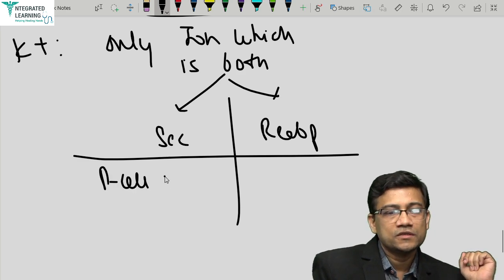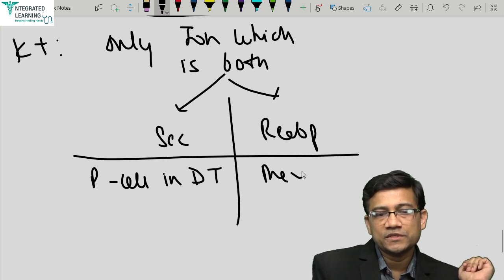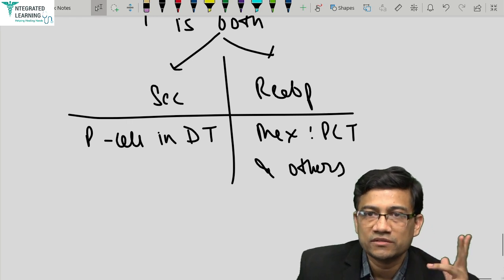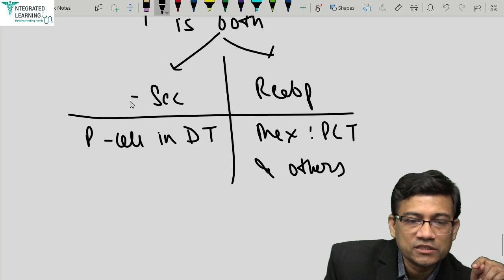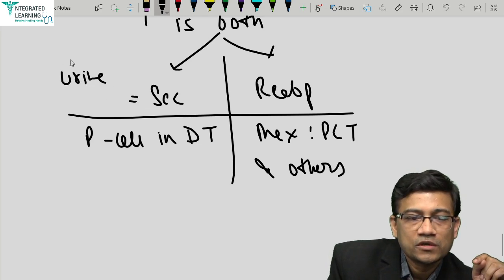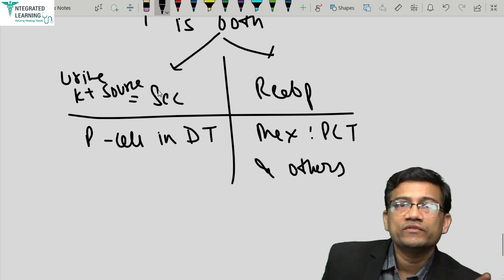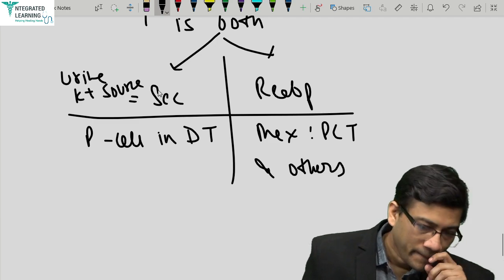Obviously P cells in the DT. And reabsorption is maximum in PCT, and others also reabsorb. So the bulk of the filtered potassium is reabsorbed in PCT, and if it is coming in urine, that is urine potassium. So the bulk of the urine potassium is secreted by the distal tubule P cells.